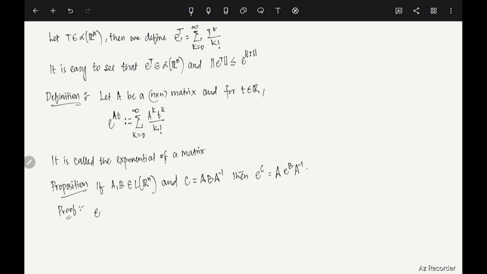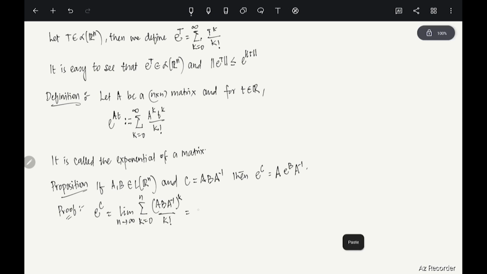So e power C, what is it? It is the limit as n tends to infinity of the summation k equals 0 to n of A B A inverse whole power k by k factorial, right? Now you can break it up using matrices.